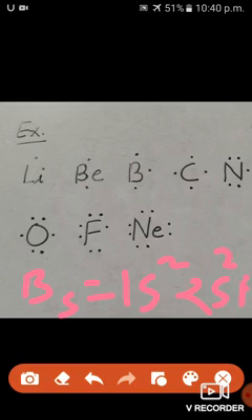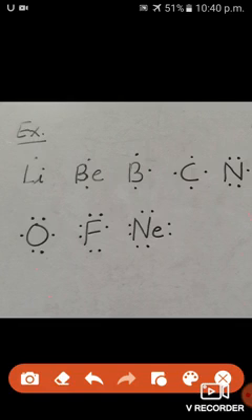Am I right? Total 2s and 2p, so boron has 3 valence electrons. Similarly, the electrons found in the outermost shell are also known as the valence electrons. Clear?